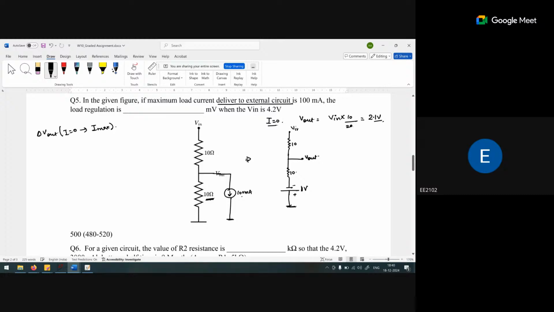Okay, Vin. Now, what is the current? I is Vin plus 1 volt divided by 20 ohm resistance. Vin is 4.2, so 4.2 plus 1 is 5.2 divided by 20, which is 0.26 ampere current.